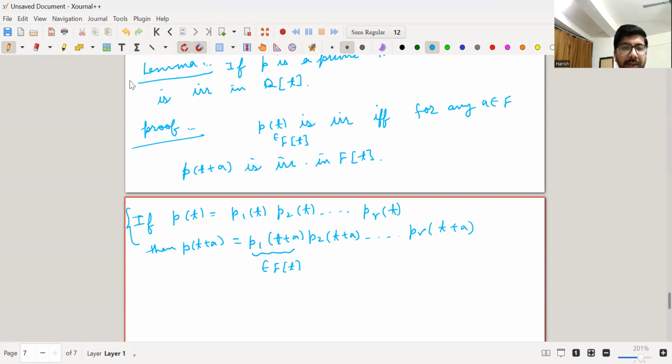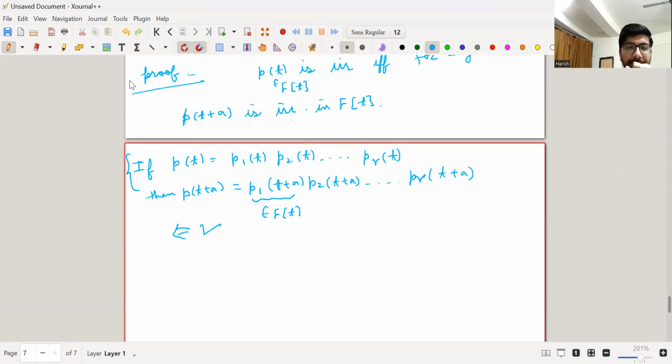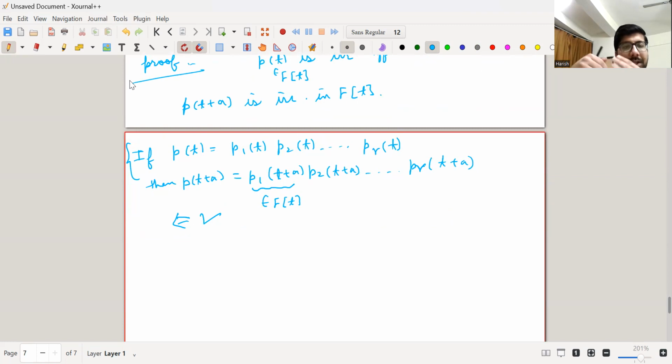Because you just need to put t plus a in place of t, and then evaluating will give you a polynomial in F[t]. So if p(t) can be written as a product of r many factors, then p(t plus a) can also be written as r many factors. And the converse is also true, right? Because if you can write p(t plus a) as p1(t) p2(t) dot p_r(t), then p(t) will be written as p1(t minus a), p2(t minus a), and so on. Okay. So the converse is also true. That means p(t) is irreducible if and only if p(t plus a) is irreducible for any a.